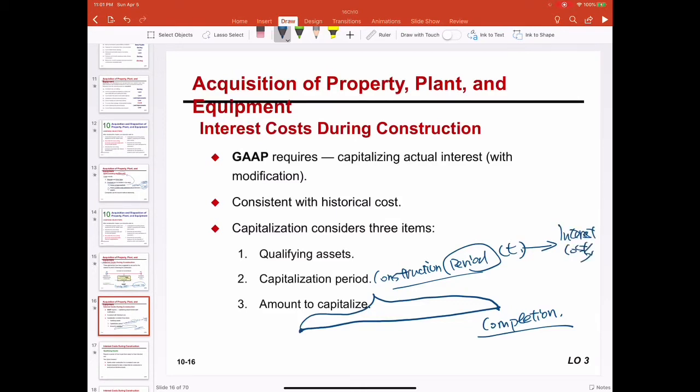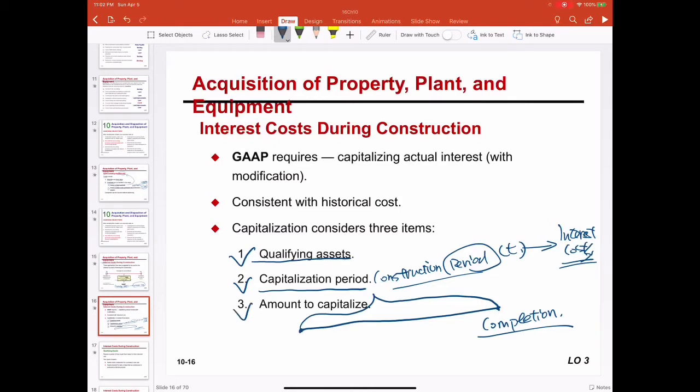To determine the amount of interest cost, we consider three factors. The first one is which assets are qualified to capitalize the interest costs. In other words, whether the assets actually incurred interest costs. The next one is the capitalization period, basically the period of construction.